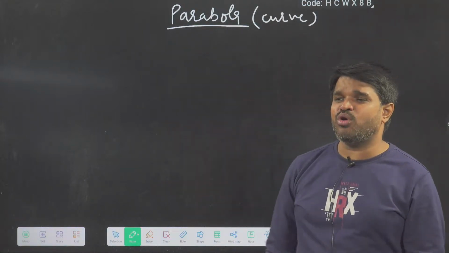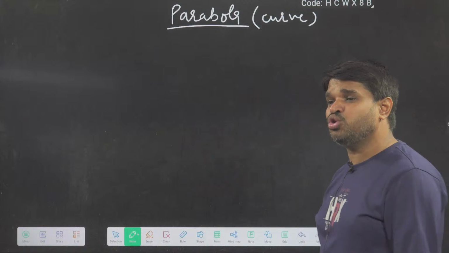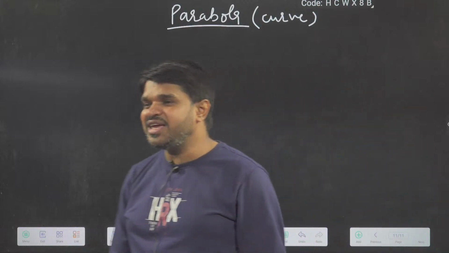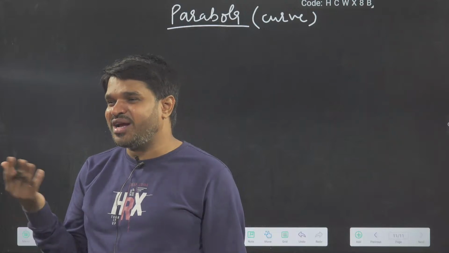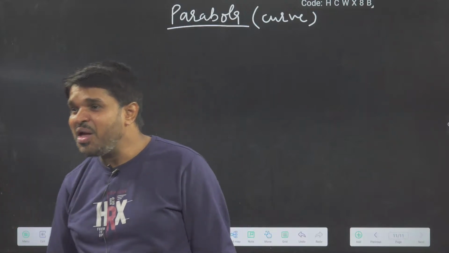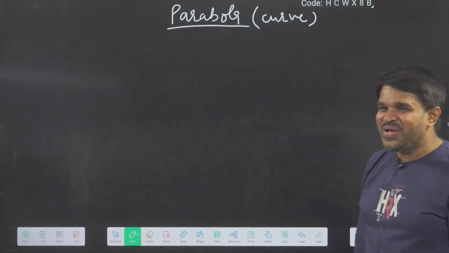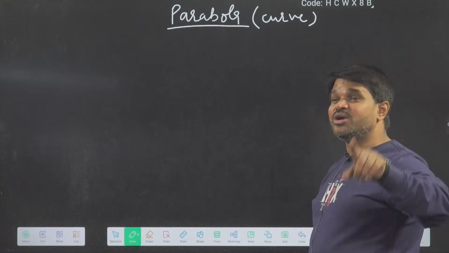How does a parabola look like? Let me first show you. Parabola is its name. Well, it's the name. What can I do? Let me show you how a parabola looks.